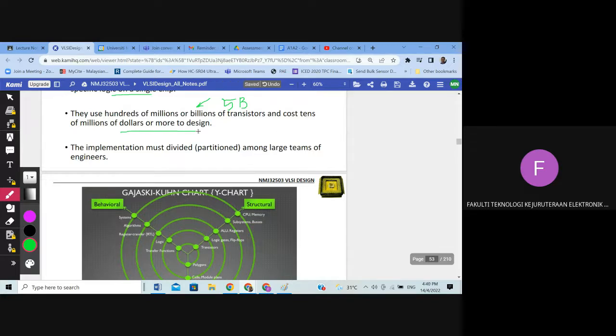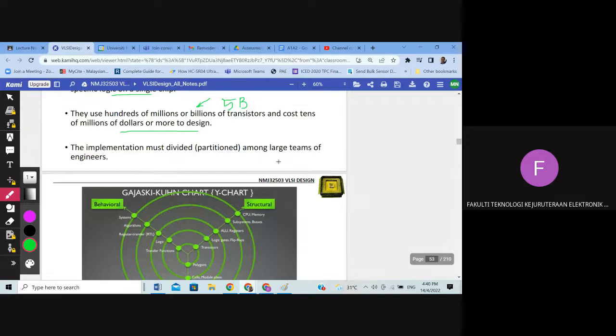So the design process will require more. The implementation must be divided and partitioned among a large team of engineers. That's normal. We have front-end engineers, and even front-end engineers will be divided into several design engineers to do a complex design.